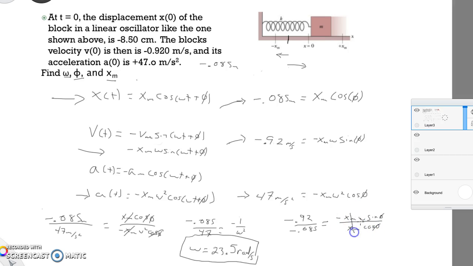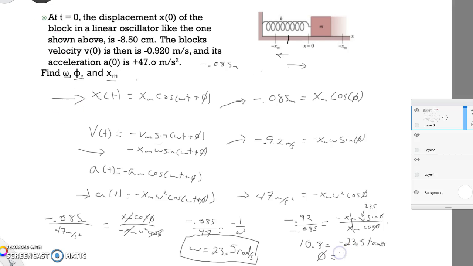So the x sub m cancel out. We know that omega is 23.5, and then we can divide those, and also sine over cosine is tangent. Alright, so we get 10.8 equals negative 23.5 times tangent of phi. We're going to divide that over and find the inverse tangent.